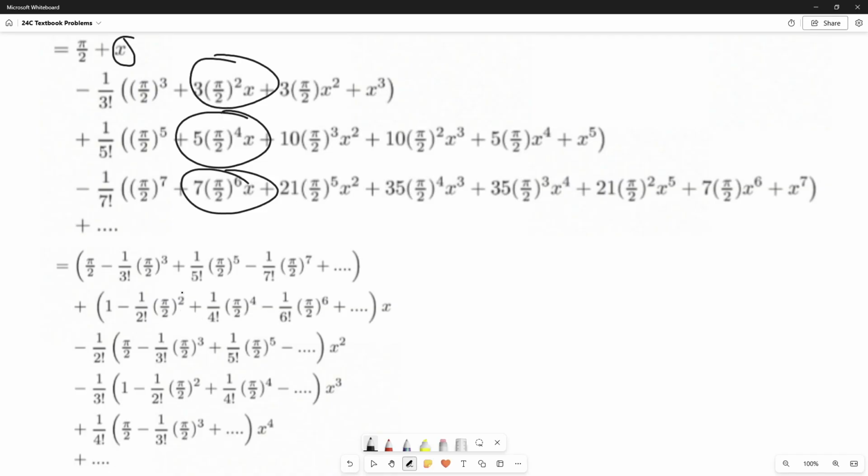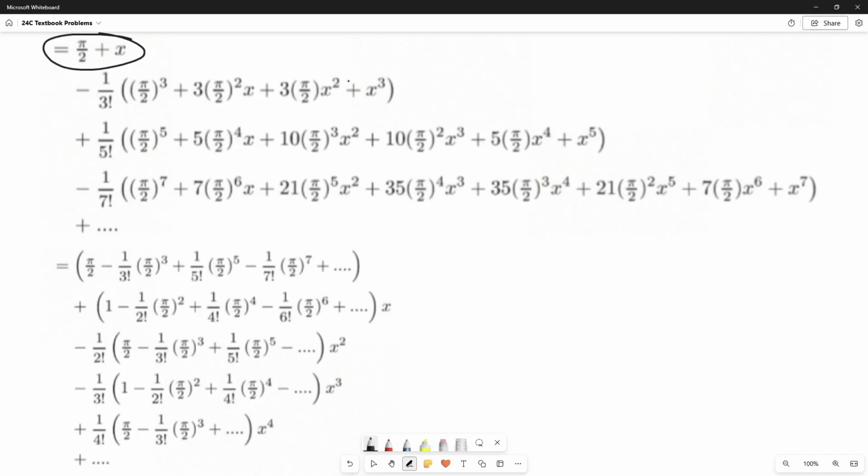And then again, don't forget to put the factorials at the beginning of your term. So it's going to be just these 4, and then you're going to get something like this. And you can factor out the x, so you just put these inside your parentheses. And then again, the next one, for when x is raised to the power of 2, there's nothing in here, so you just start here, and then you go on.